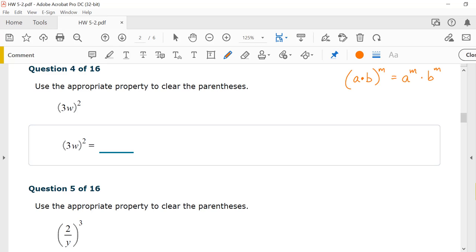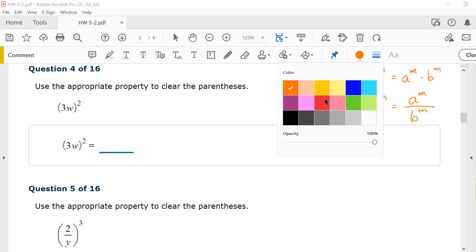You can also distribute an exponent if you're dividing. A divided by b to the m is a to the m divided by b to the m. So you can distribute an exponent when you're multiplying or dividing.